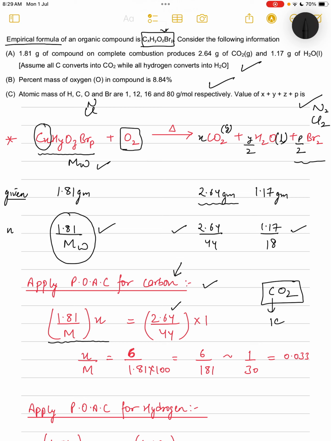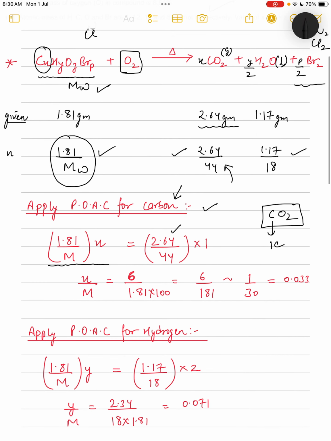That means this many moles contain how many carbon? It will be 2.64 upon 44 into 1. Solving this problem, what do we get? We get the ratio x upon MW, so x upon MW will be 0.033. This is what we obtained as the ratio of x upon MW.